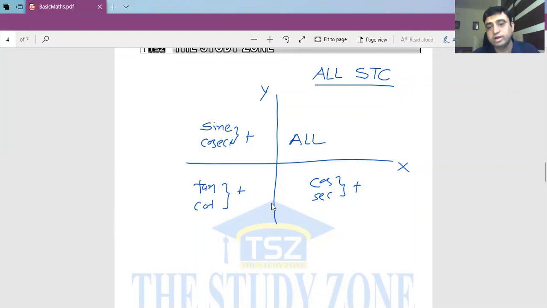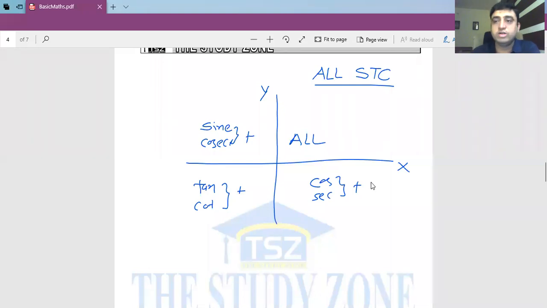In the fourth quadrant, cos and sec are positive, and the rest four are negative. So what do you have to remember? All STC. S is for sine and its reciprocal, cosec. T is for tan and its reciprocal, cot. C is for cos and its reciprocal, sec.